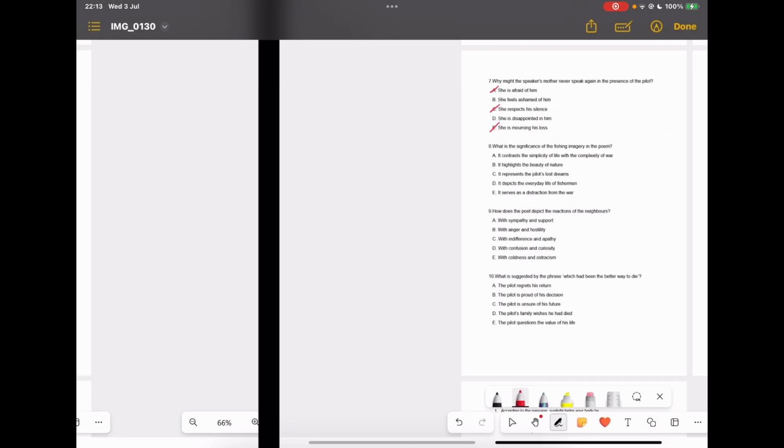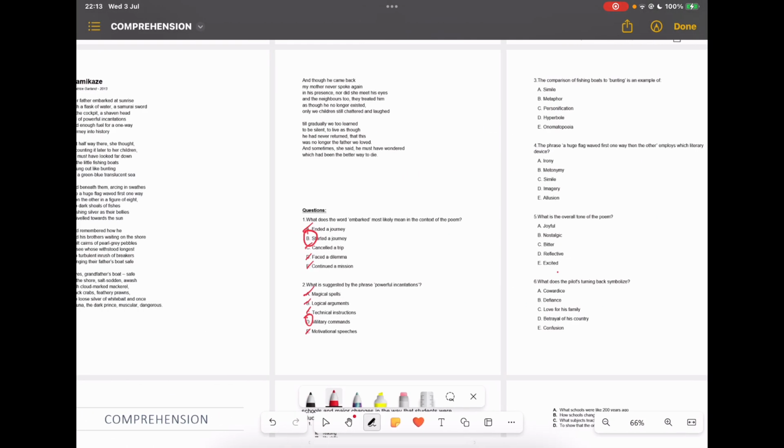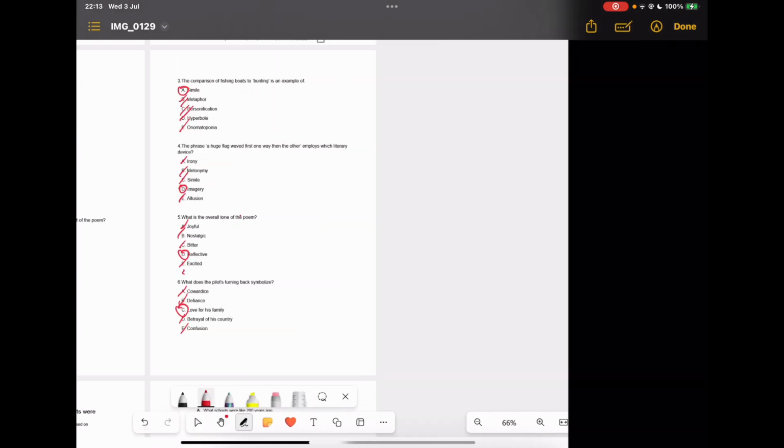If we look back at what it says about her not speaking, you can see, although he came back, she never spoke to him again. She never met eyes, and they treated him as though he no longer existed.